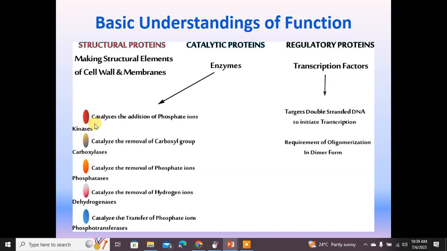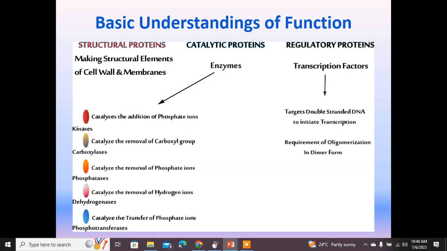For example, if a protein name has the word kinase, remember, it will catalyze or assist the addition of a phosphate ion. If you are reading a protein, for example protein A kinase, without knowing the literature you should know from its name that this protein will perform kinase activity.